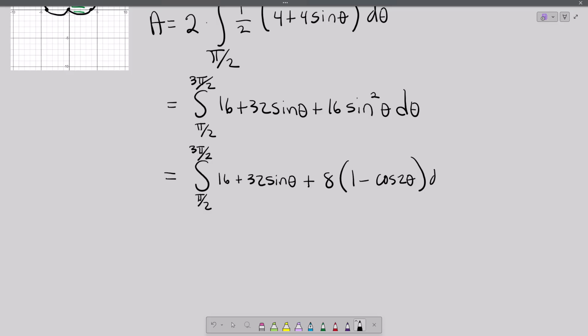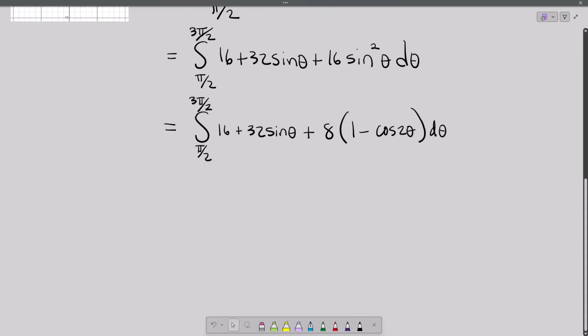So that's power reduction back from chapter, whatever it was. Did we start in chapter 8? I can't remember anymore. Maybe it was chapter 6.